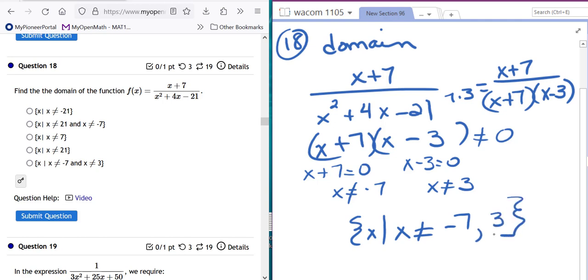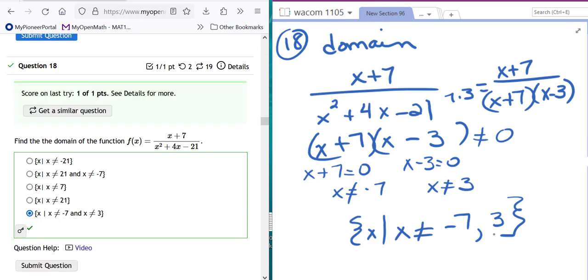You can write it more compact that way. They wrote out the whole thing. And so it is going to be the last choice there. Okay. Yeah, they're trying to trick you if you divide this out, but you still have to make sure you can't let that piece be 0 either. So, solve them both.